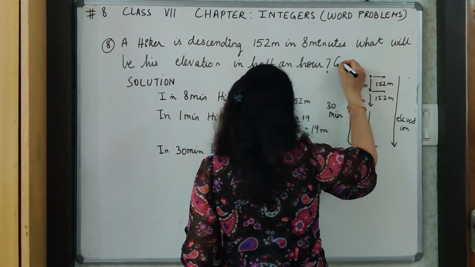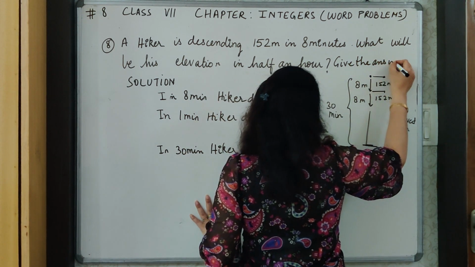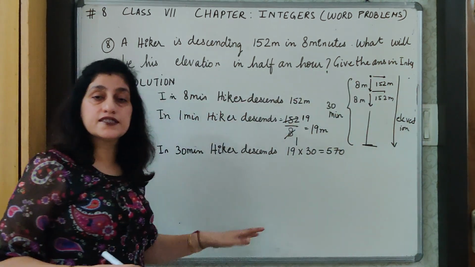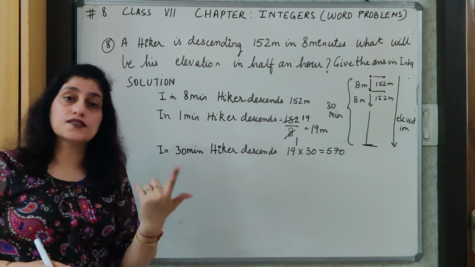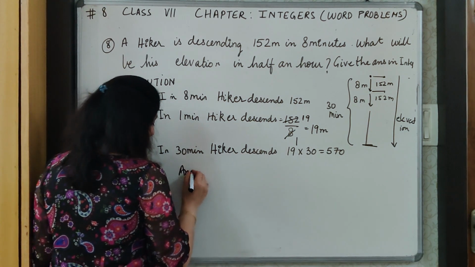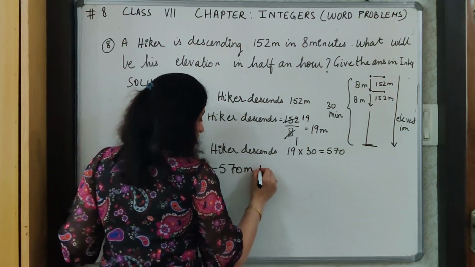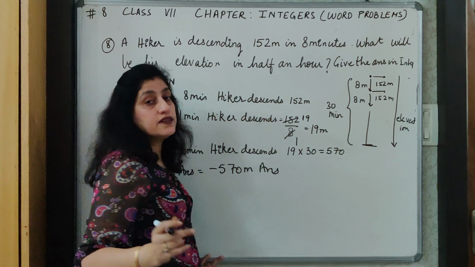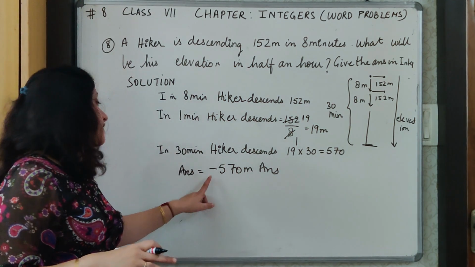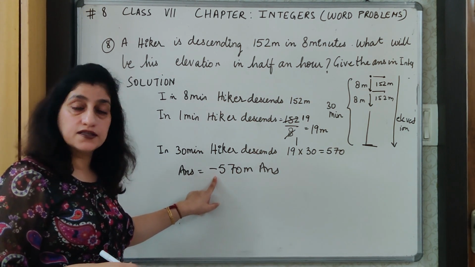Because it is a descent, going down, this answer has to be written in minus. So we write the answer as minus 570 meters. Had he been climbing then it would be plus, but because he is coming down, in integers it will be minus.